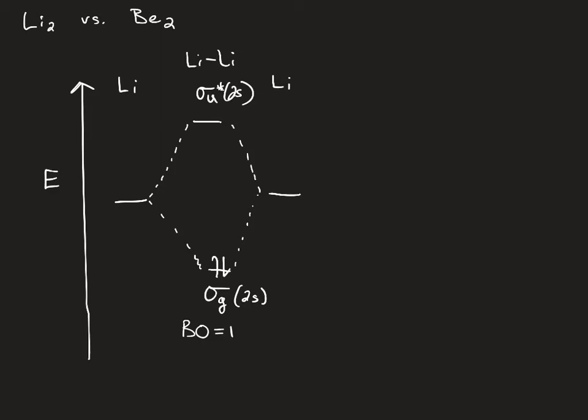Going through now and drawing beryllium 2, we have to account for the fact that the ionization energy for the 2s orbitals on beryllium are lower in energy than lithium.